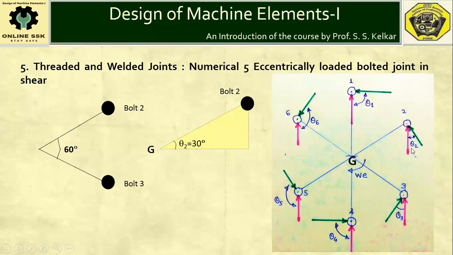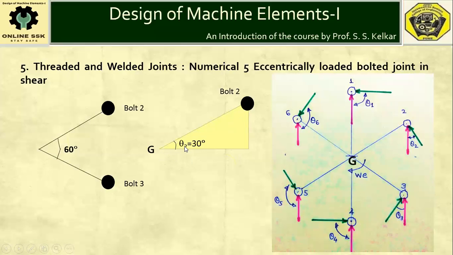For calculating value of theta 2, we know that angle subtended at point G by the line joining both center of the bolt with the G will subtend same angle. Theta 2 is the angle as subtended by line joining bolt center with the center of gravity.